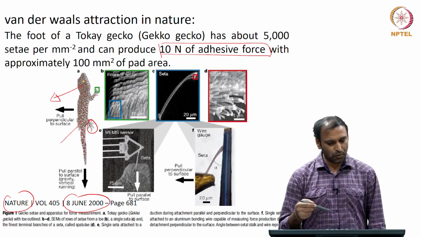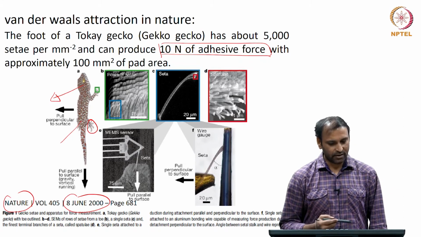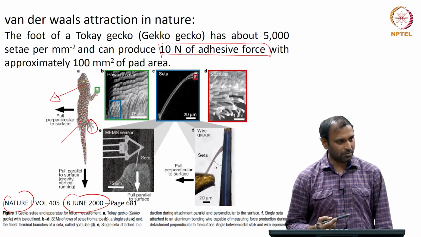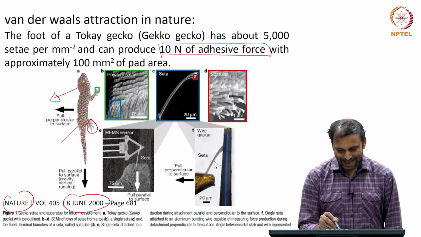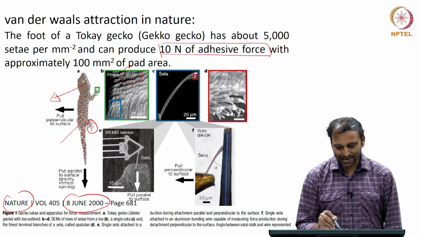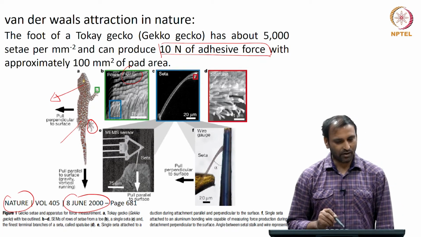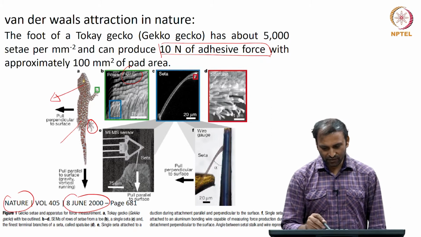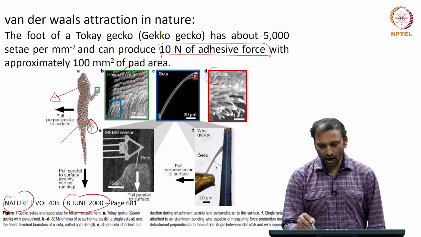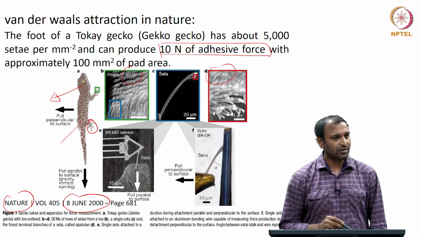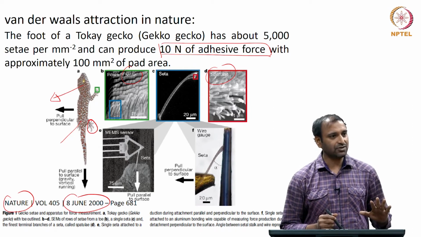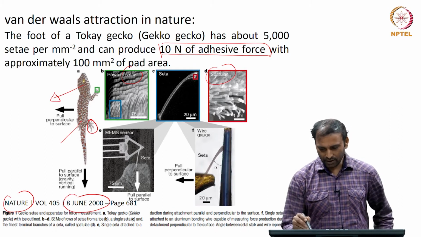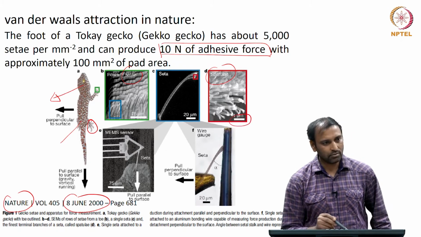Then if you zoom in and look at it with a microscope, it turns out that they have what are called setae, S-E-T-A-E, and each of these has a large number of tiny flat structures, and that length scale there is 1 micron.